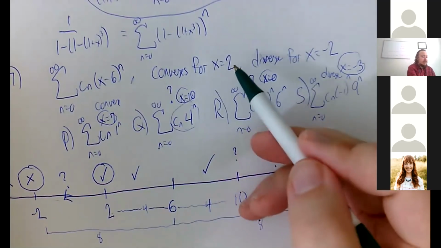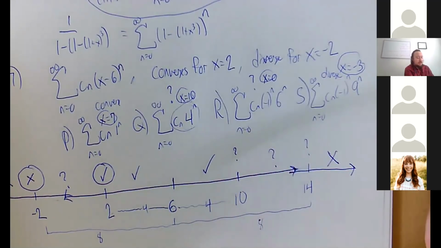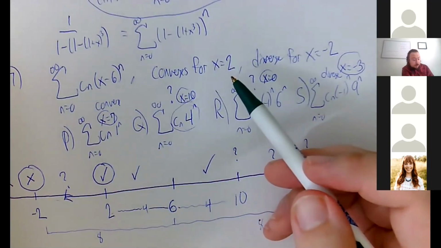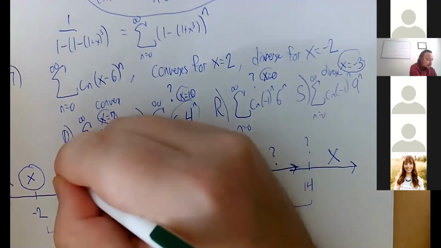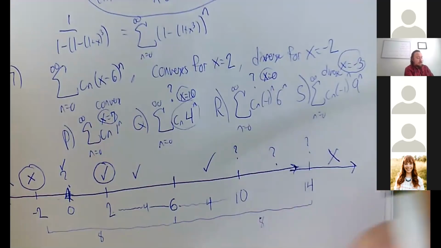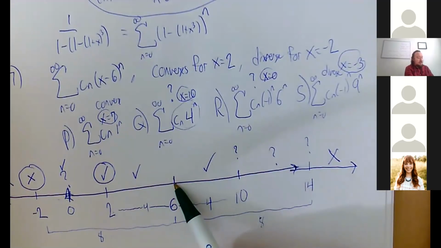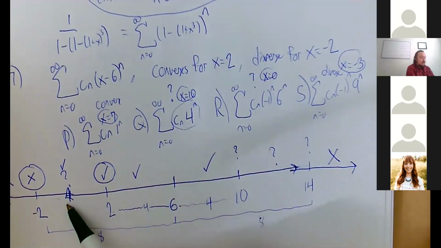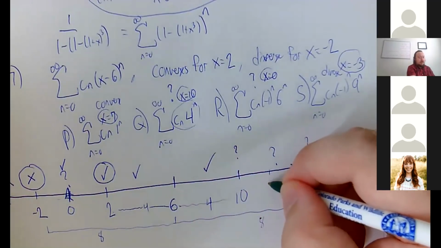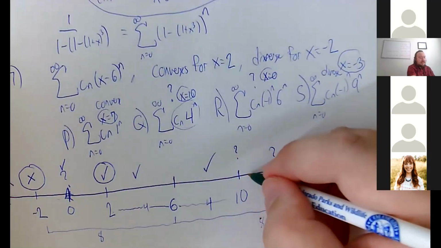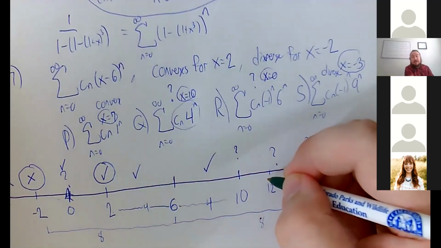So for example, let's say x equals 0 converged. So let's say that was another piece of information we have. So we can put 0 here. That's for sure going to work. So that means that the distance from 6 to 0 is 6. So that means that we can go the other way and go out to 12. And at least up to that, that would be okay.